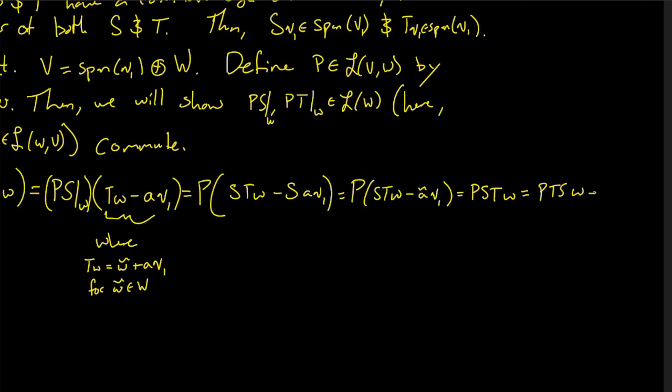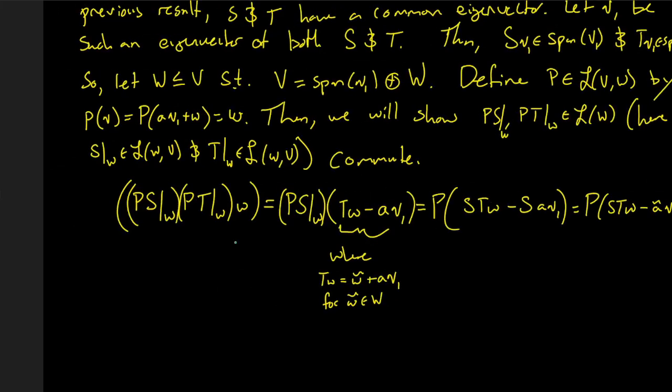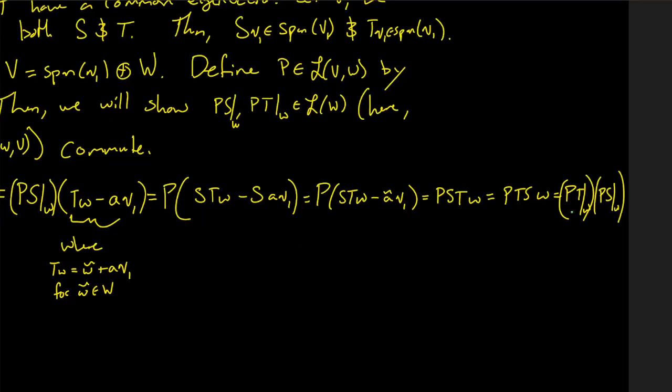And using the same logic as before, this is P of T restricted to W, P of S restricted to W. So I've shown that P of S restricted to W times P of T restricted to W is P of T restricted to W, P of S restricted to W, applied to W. Let me make that last W a little bit more clear. So I'm applying this to W. Oh, okay.